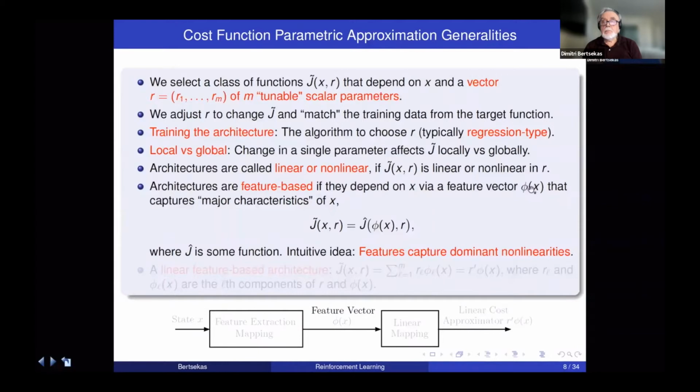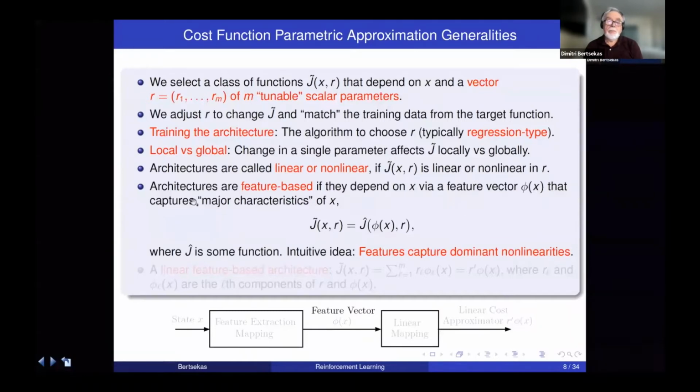Now, this is a vector of individual components called features that depend on X. And these features capture major characteristics of X. In other words, if I tell you X and I give you its feature vector, it provides you with a lot of information about the character of X, and is also useful in the context of approximation, because you can use phi of x as a substitute for x in effect.